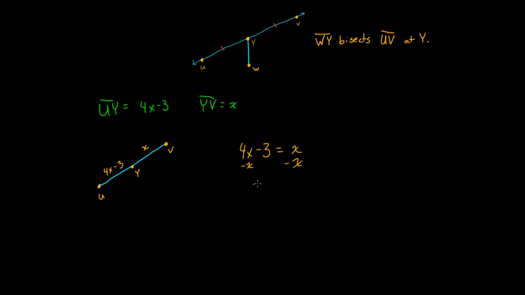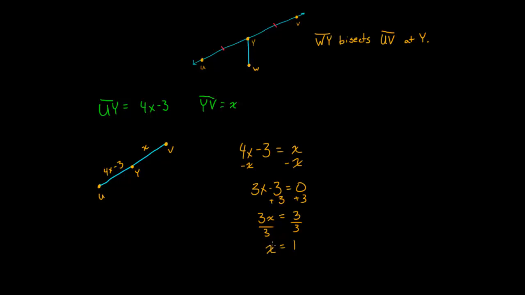That will leave me 3x minus 3 is equal to 0. Add 3 to both sides. 3x equals 3. Divide both sides by 3. That will leave us x equals 1. Alright, so we know now that x equals 1. We can start to plug this in to find what it wants us to find.